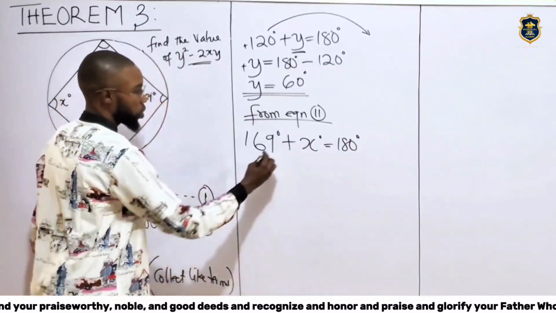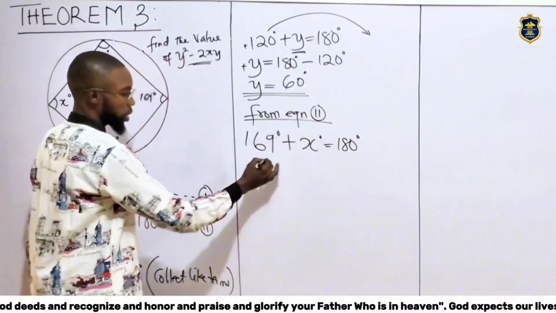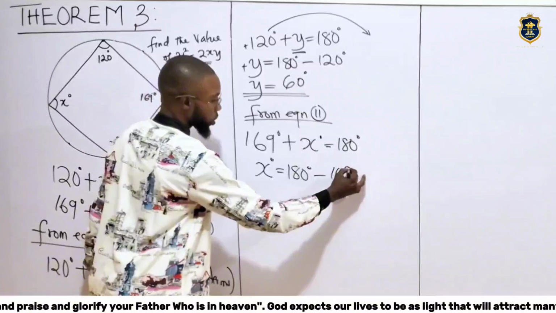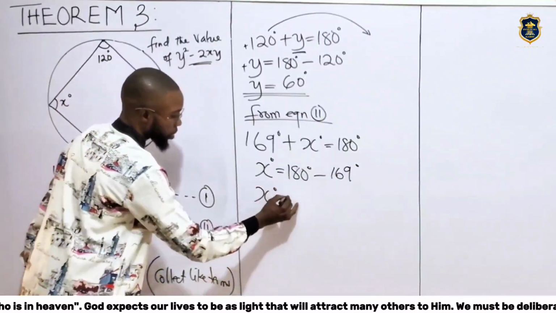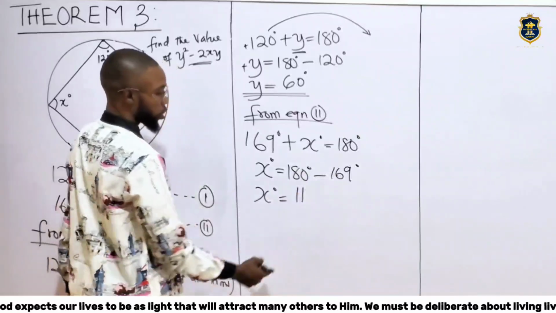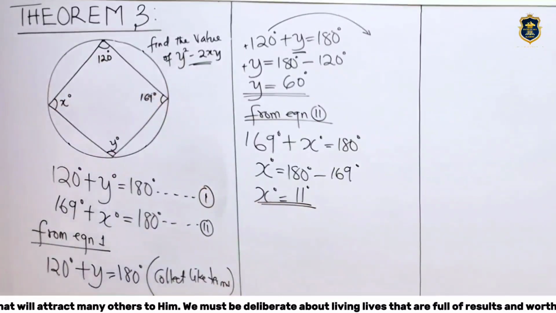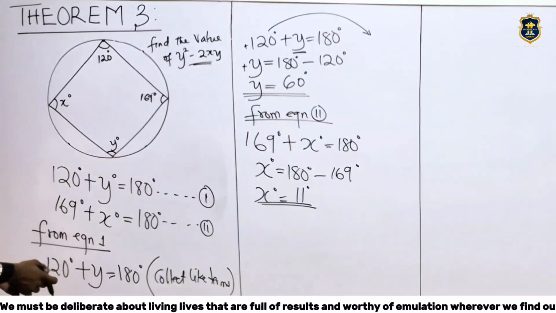So what happens now with this x? These two cannot add, so 169 will go the other way. x degrees becomes 180 degrees minus 169 degrees. In doing that, x becomes 11, because 180 minus 169 is simply 11 degrees. But then the question is asking us to find the value of y squared minus 2xy.